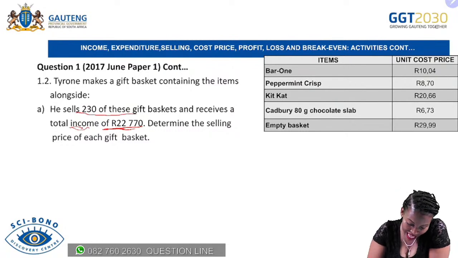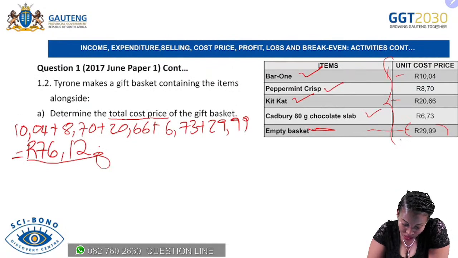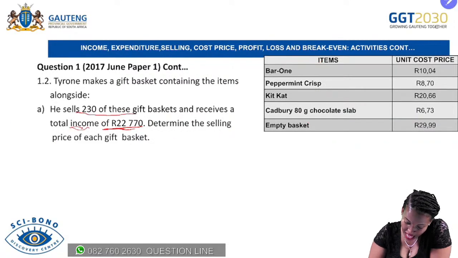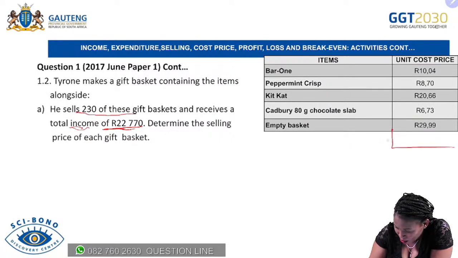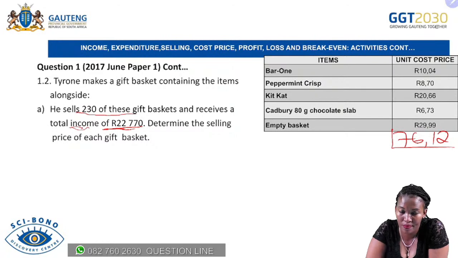Remember the previous slide, guys? Here we determined the cost price of the gift basket, which is 76 rand and 12 cents. I'm going to write it down here to say the total cost price was 76 rand and 12 cents. Now we want to know the selling price of one. Each means what? It means one basket.